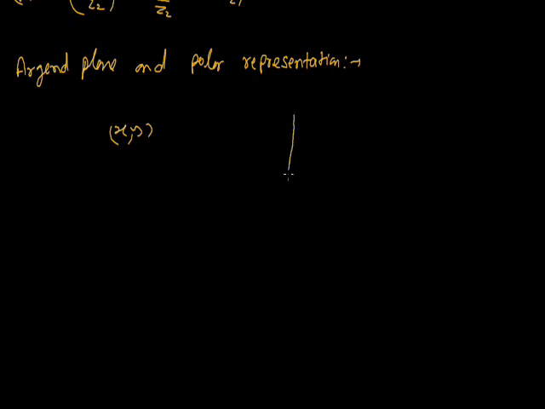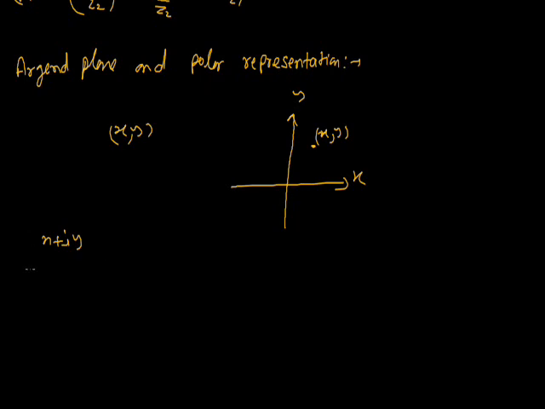If we have an xy plane like this, suppose it is the x-axis and it is the y-axis, we can denote a unique point for the ordered pair x comma y. Now any complex number x plus iota y can be represented geometrically as the unique point x comma y. So we can represent x plus iota y as a point in the Argand plane.